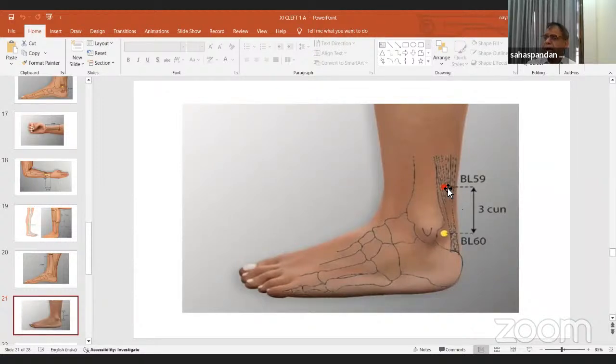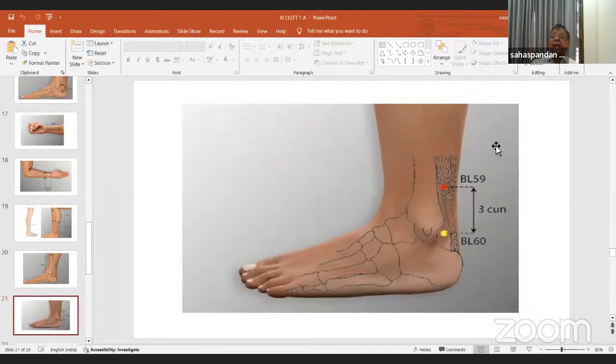So it is combined with UB62. So this is the UB60. Don't consider this one. I showed this point to you as a landmark. So UB59 and UB62 for acute sciatica pain on the lateral side.